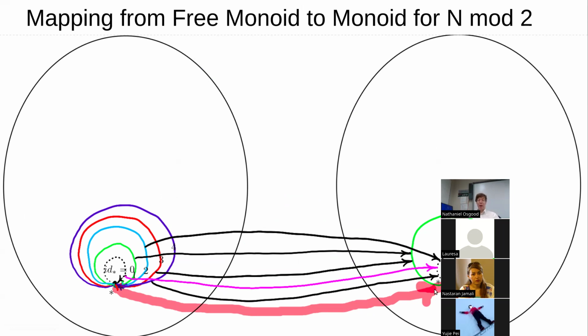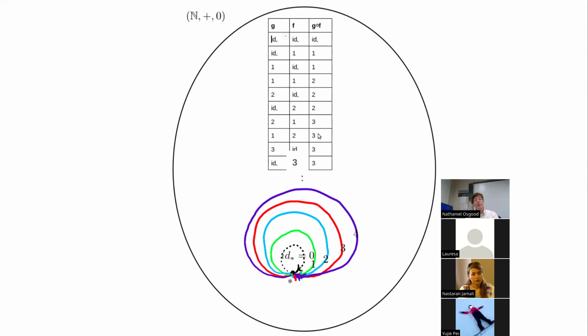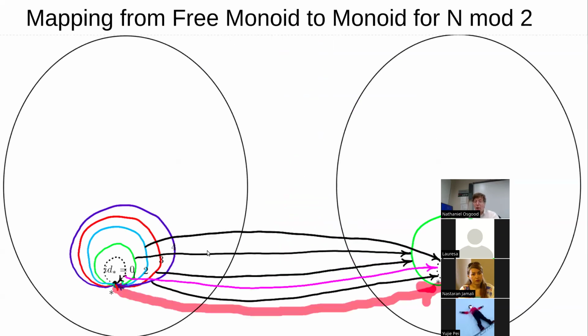What do you think 1 maps to? If I want to take this kind of addition of natural numbers monoid, which performs addition of natural numbers, and map that over to mod 2, what is 1 going to map to? So 0 maps to 0. The star maps to star.